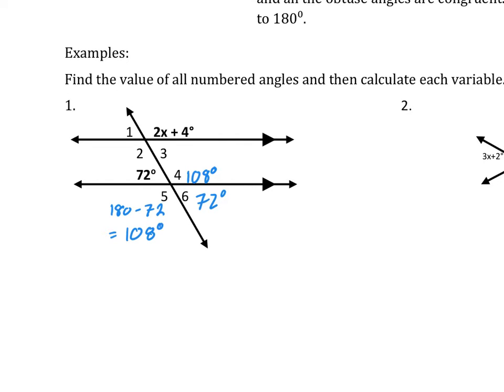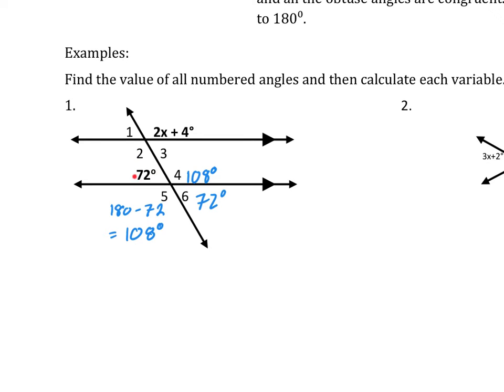And now we can use a lot of different relationships. A couple of easy ones to use are our same side interior that are supplementary or corresponding angles. So if you wanted to do same side interior, you could do those. So angle 2 and this 72-degree angle, these two here, they're supplementary, right?